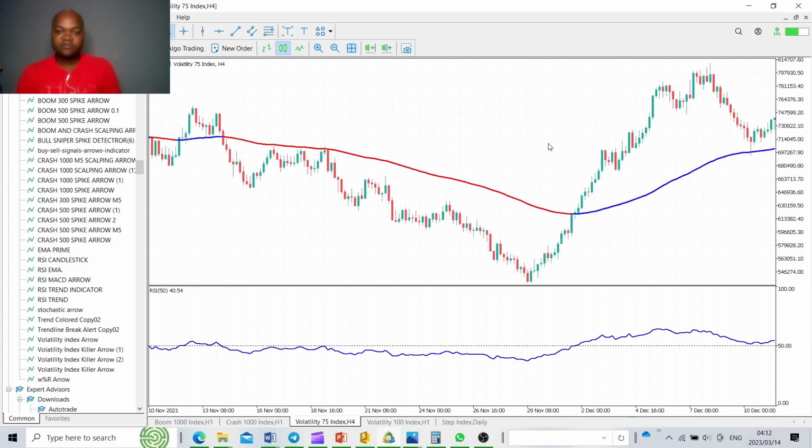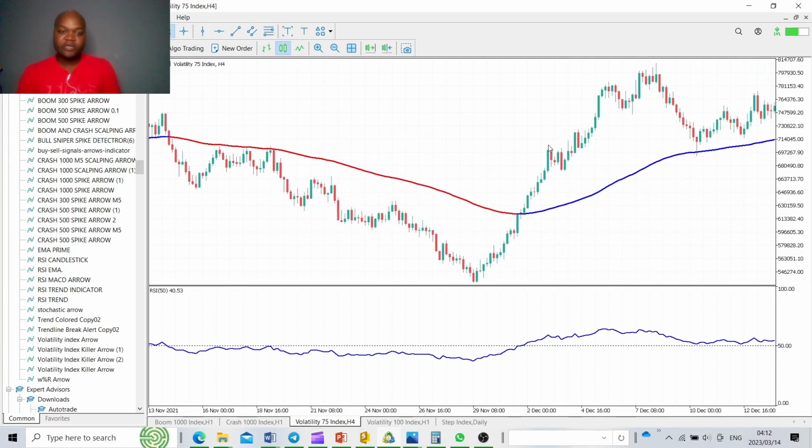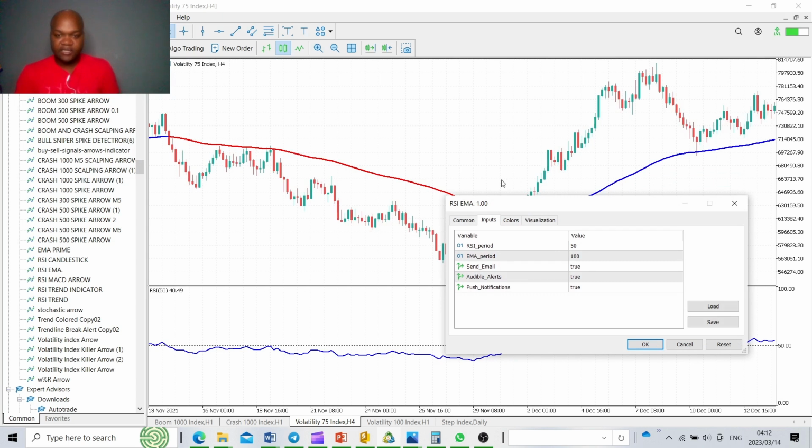It's very important if you really want to know the trend: when are you going to buy, when are you going to sell. It makes it easy to use this indicator. Let's check the other features. The good part of having such an indicator is that you have an option to choose the RSI period that you want, and also the exponential moving average period, the EMA period.